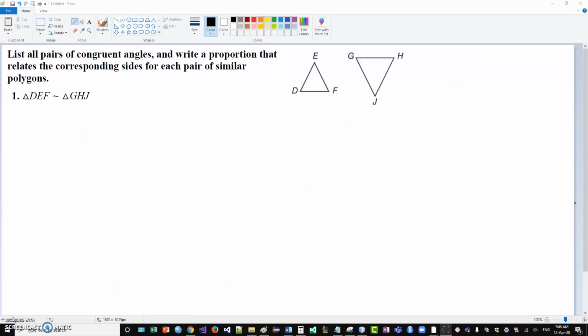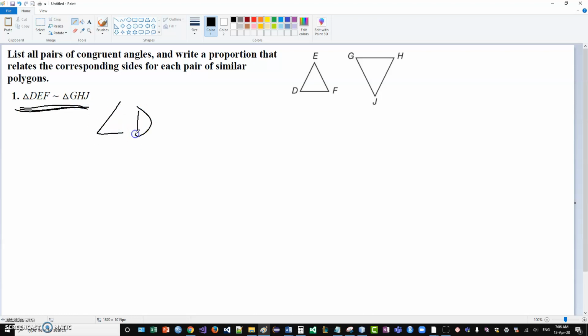Now for our last exercise, list all pairs of congruent angles and write a proportion that relates the corresponding sides of each pair of similar polygons. If these two polygons are similar, DEF is similar to GHJ. That means all corresponding angles are congruent and all corresponding sides are proportional. To list the congruent angles, we go by the order.